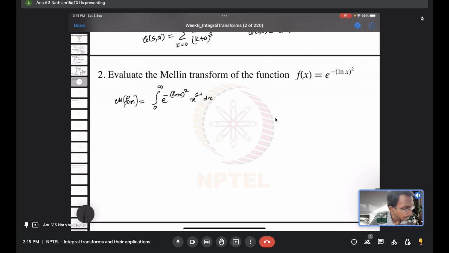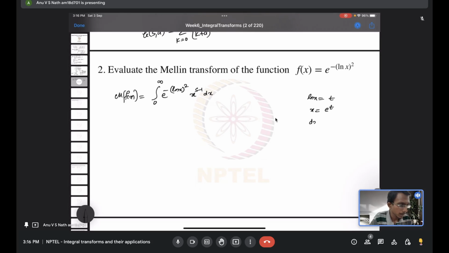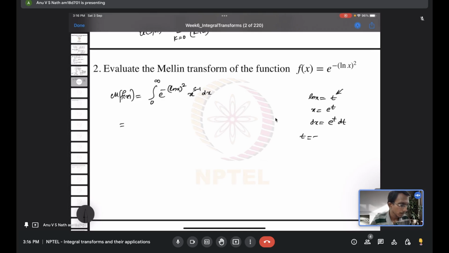Here you can substitute ln x equal to t, so x equal to e raised to t, then dx equal to e raised to t dt. The integration limit will change: x goes from 0 to infinity, so t will go from log 0 to log infinity, which is minus infinity to plus infinity.